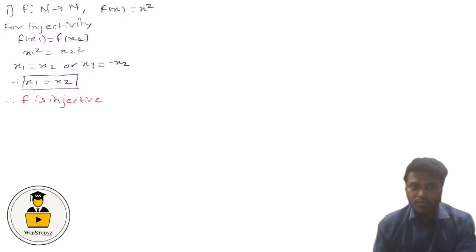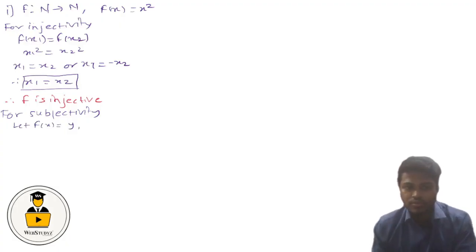Now similarly, let us check for surjectivity. For surjectivity, let us assume that f of x equals y such that y belongs to the natural numbers. So from here x square will be equal to y, and the value of x will be root of y.